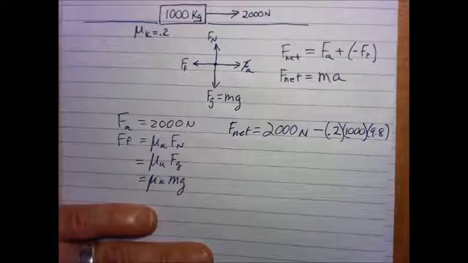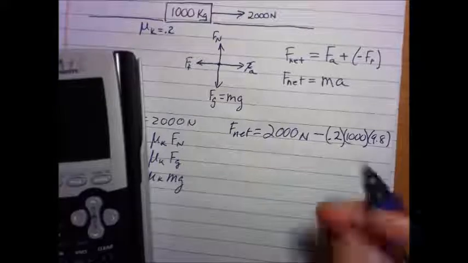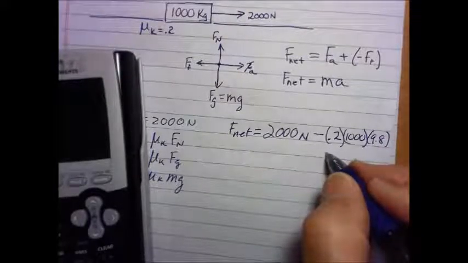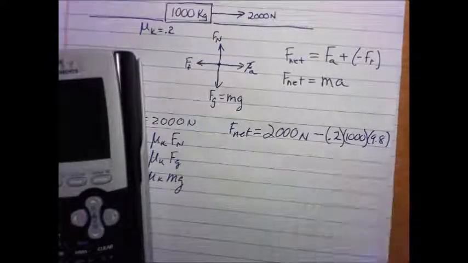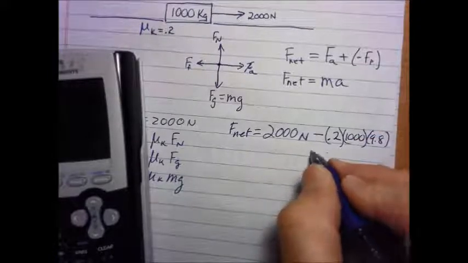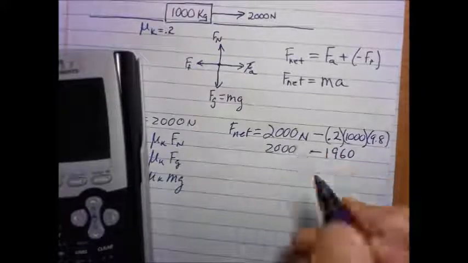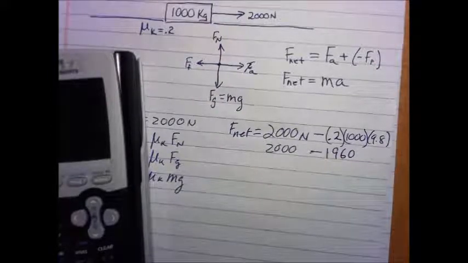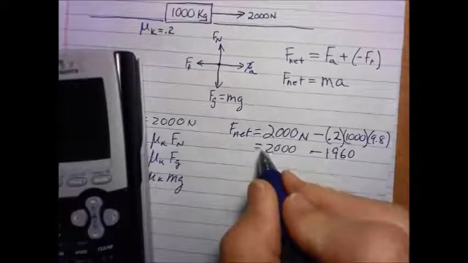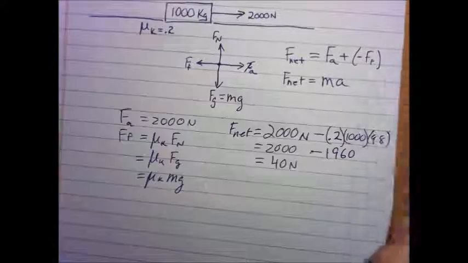Now we'll use our calculator. It turns out that 0.2 times 1,000 times 9.8 gives a net force of 40 newtons. Okay?